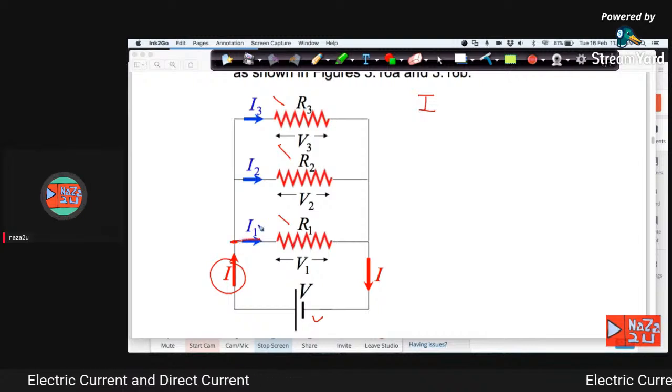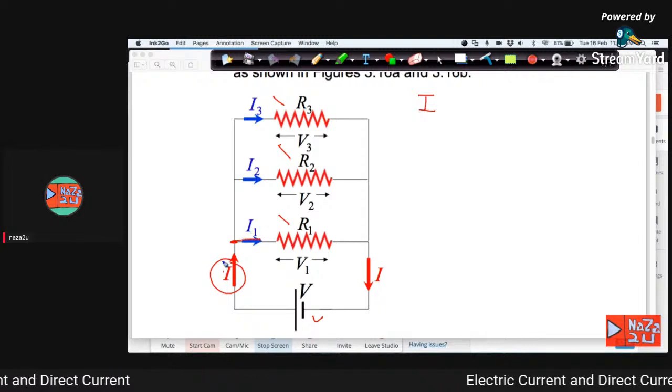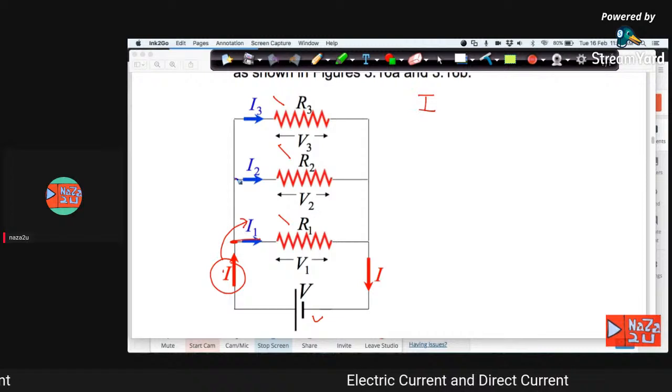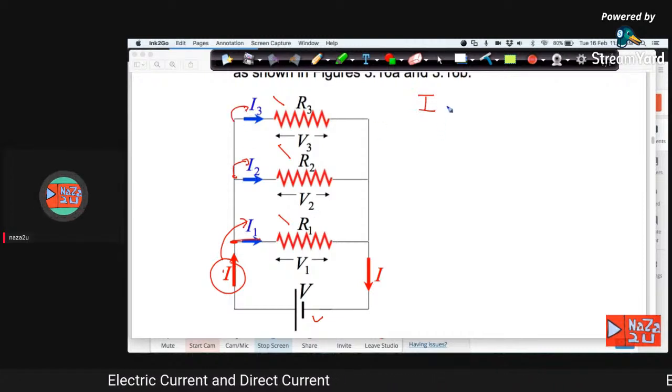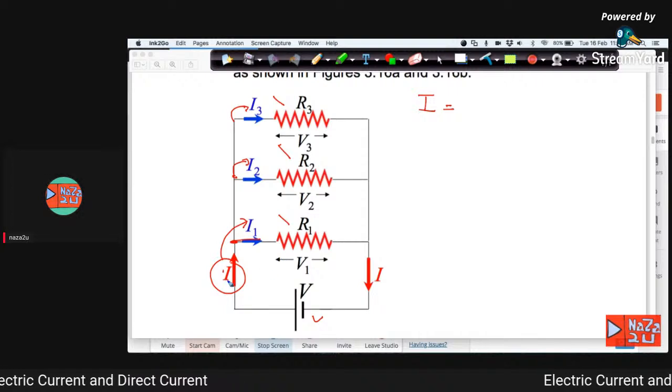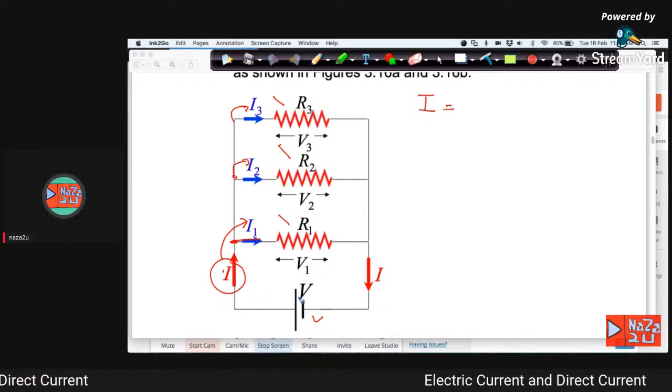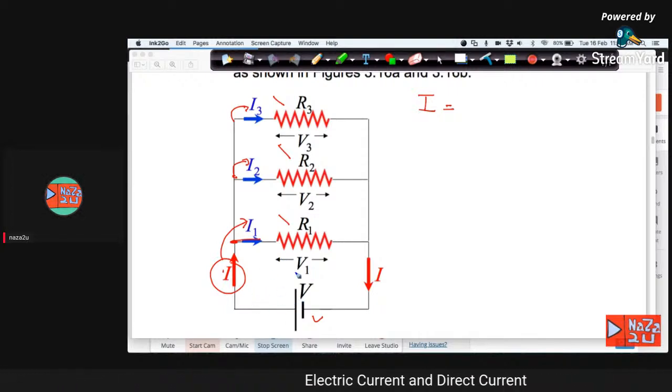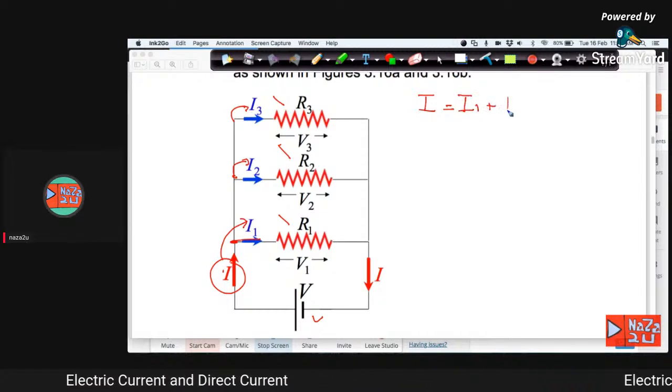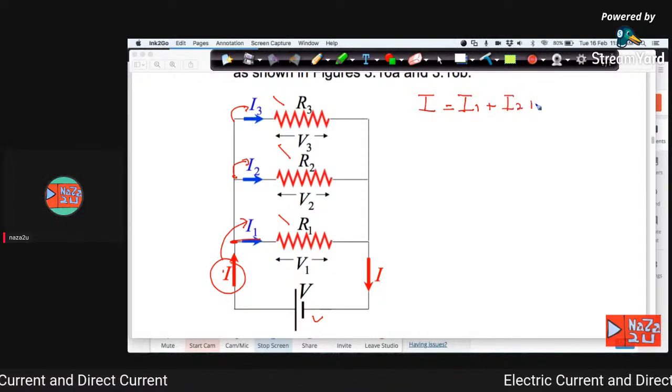So the first junction, let's say, I ini ditukar kepada I1. Ada junction lagi, jadi I2 and I3. So meaning I yang dibekalkan, this is I provided, let's say provided by the battery or the circuit, main circuit, is equal to combination I1 plus I2 plus I3.